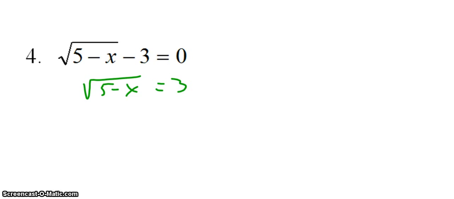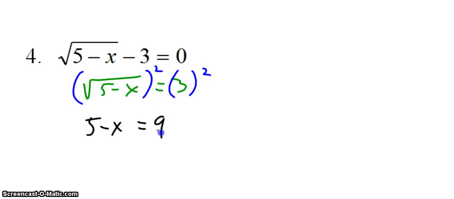Now what? Now we square both sides. So when I square both sides, this becomes 5 minus x equals 9. Now I can solve for x. If I add x and subtract 9, I get negative 4 equals x.